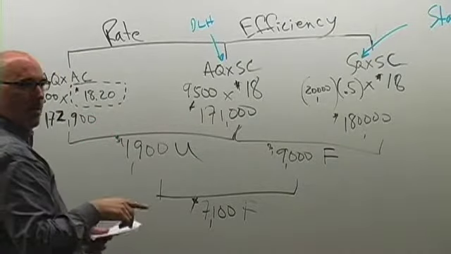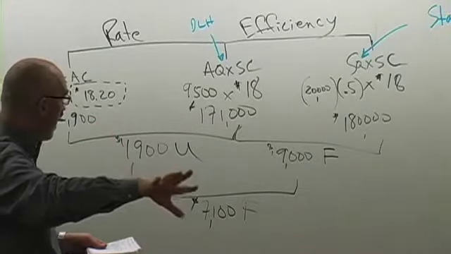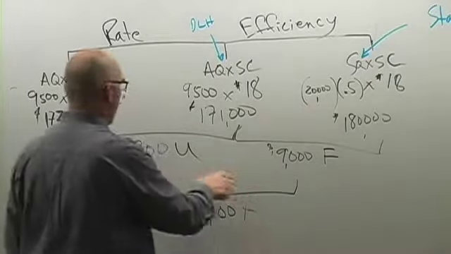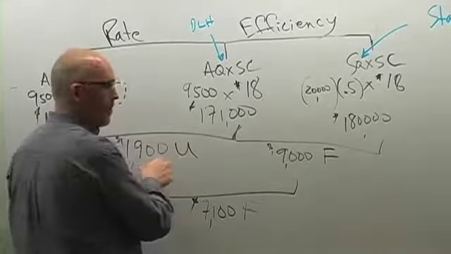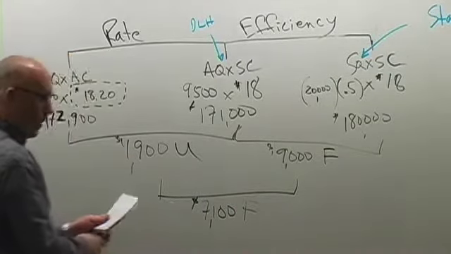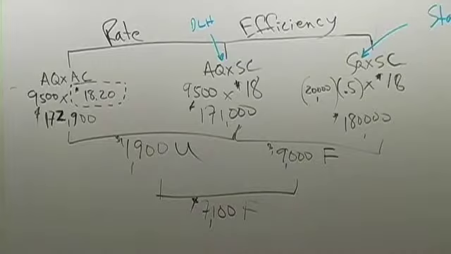Could you repeat why the 7,100 is favorable? It's favorable because our 9,000 favorable is bigger than our 1,900 unfavorable. Okay. It says $7,100 per hour? No, it's just the grand total variance.